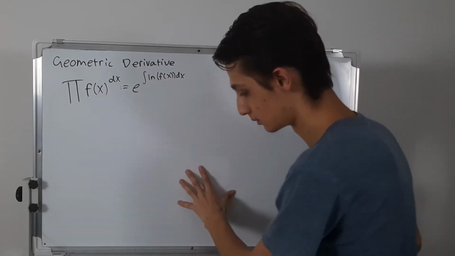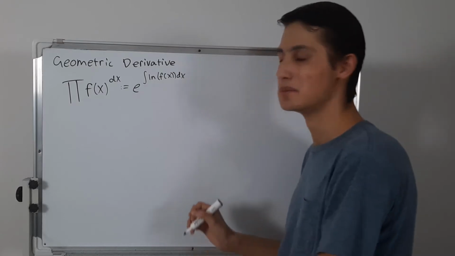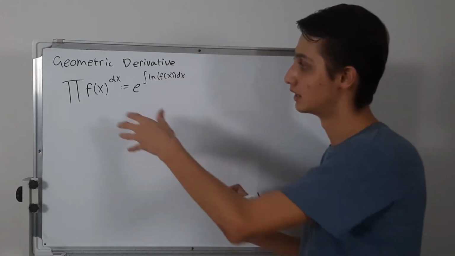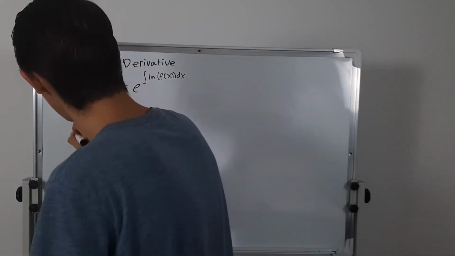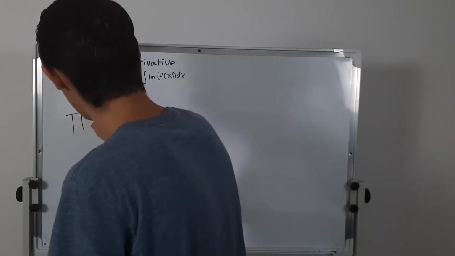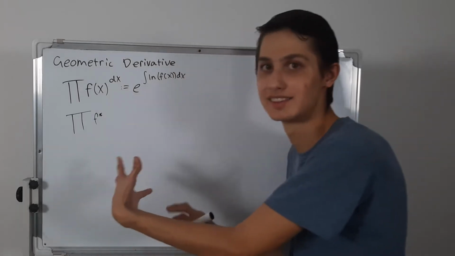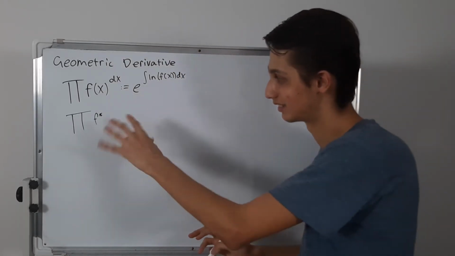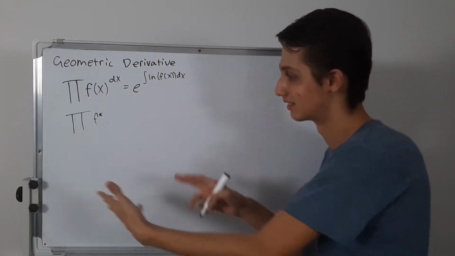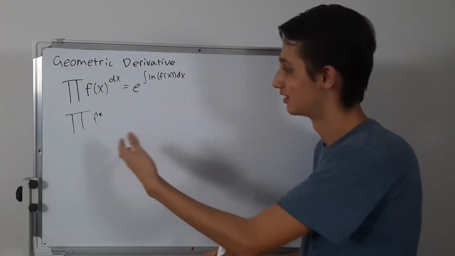So, it's weird. But basically, the geometric derivative, what we really want is something that's pi of f prime, but it's not exactly f prime because it's not the normal derivative, it's the geometric derivative, so it's f star.